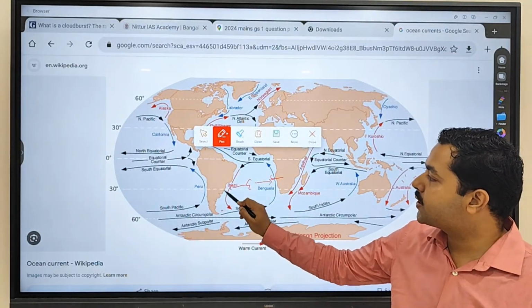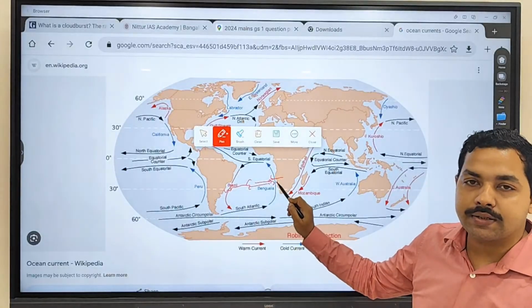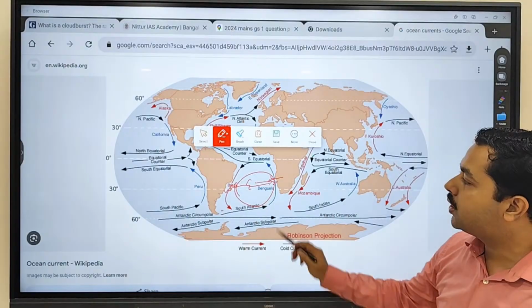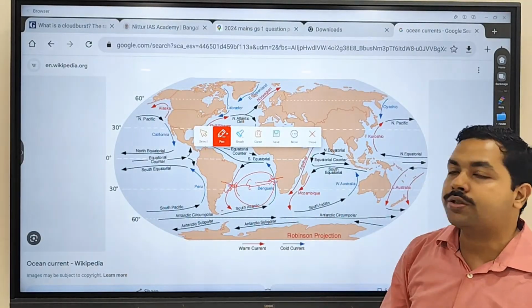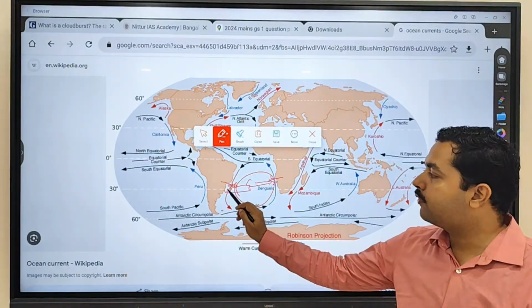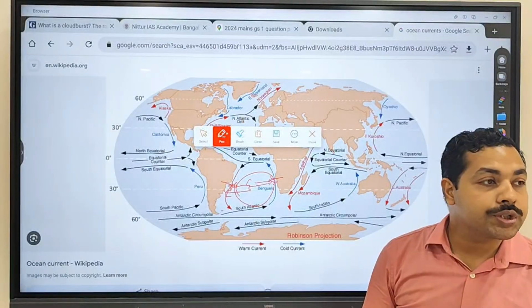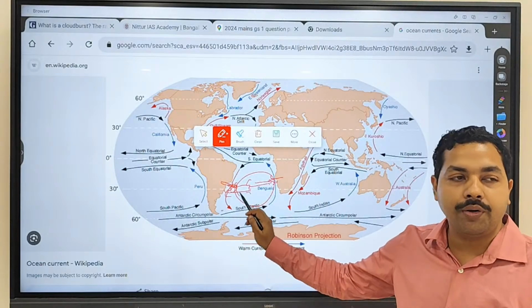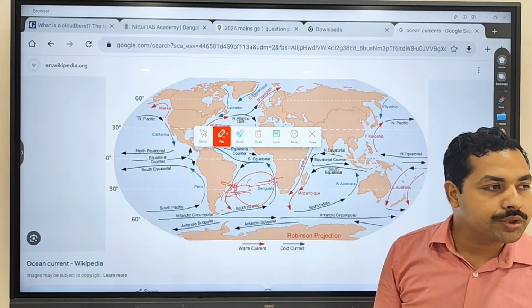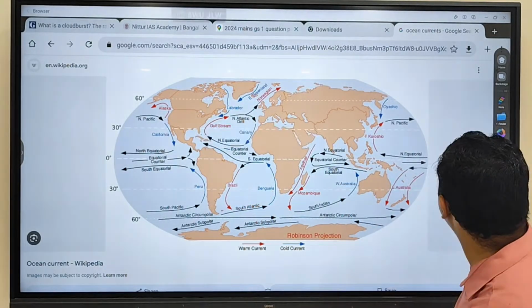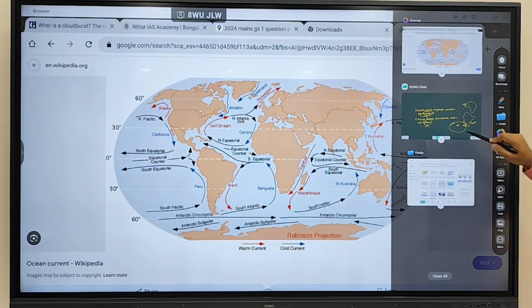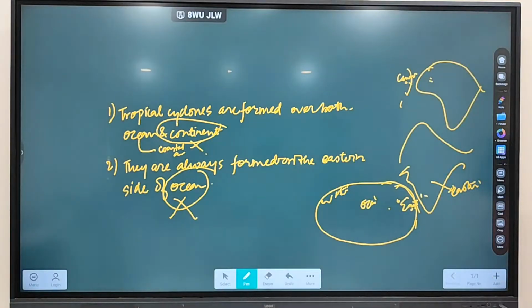Okay, the ocean's west is this, the ocean's east is this. Clear? So what is mentioned, where will the tropical cyclone occur? Tropical cyclones will occur on the east of the continent, and on the west of the ocean. Clear? So whatever is given in the question, you have to keep that in mind, and accordingly answer. They are always formed on the eastern side of the ocean.